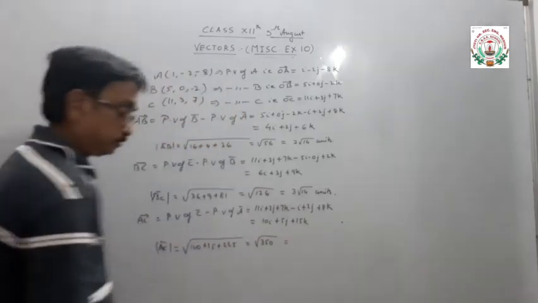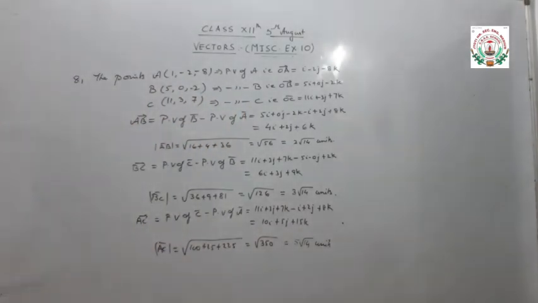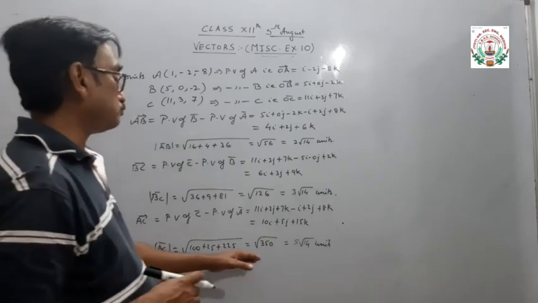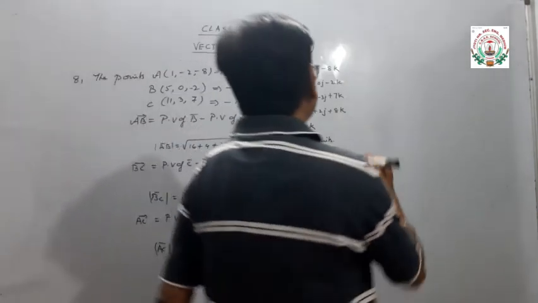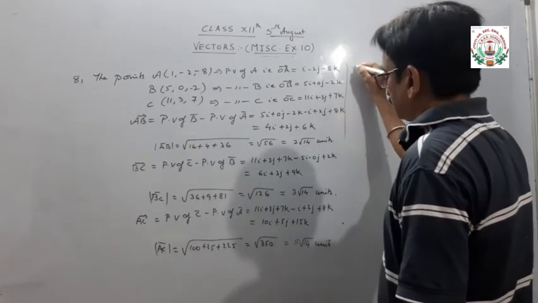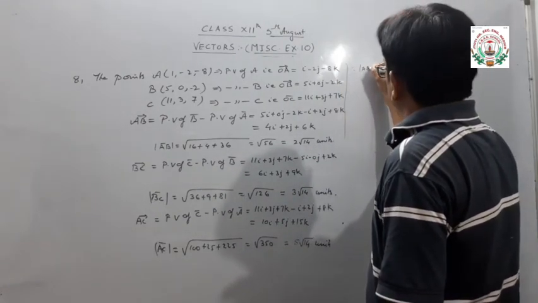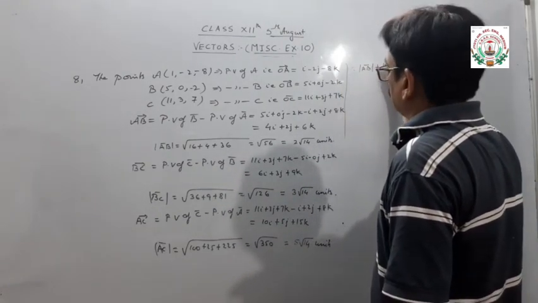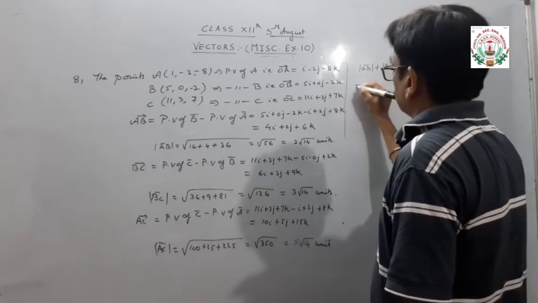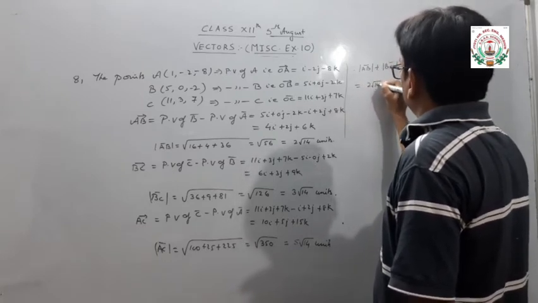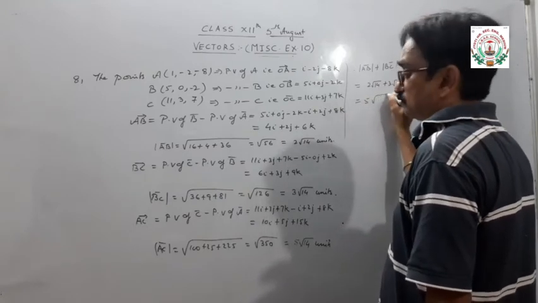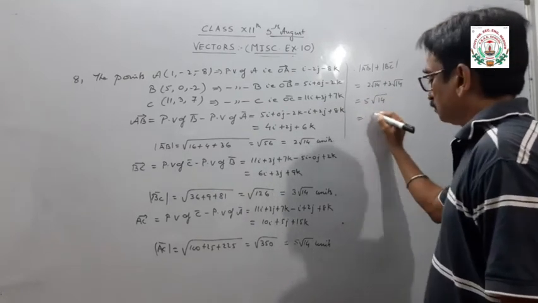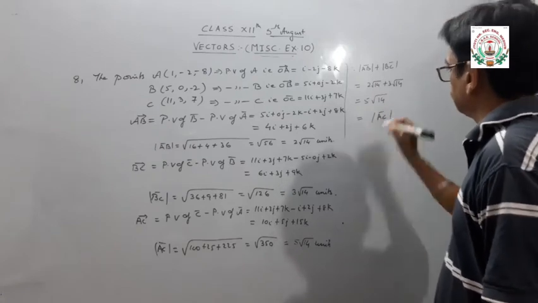So modulus of AC is the square root of 350, that is 5 under root 14. Now we can see that modulus of AB plus modulus of BC is 2 under root 14 plus 3 under root 14, which is 5 times under root 14, which equals modulus of AC vector.